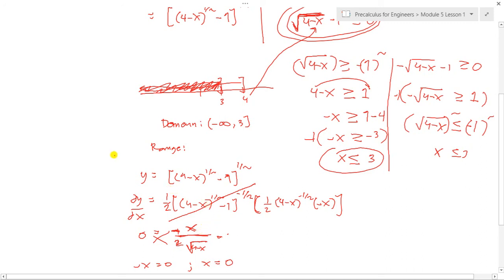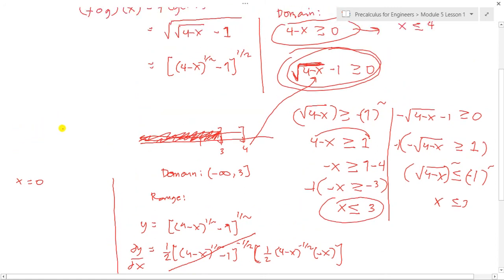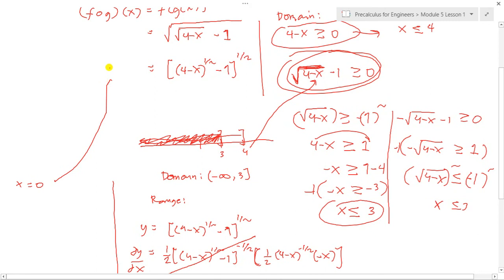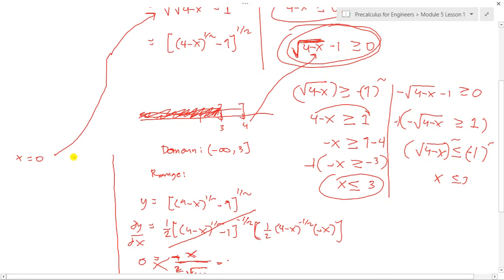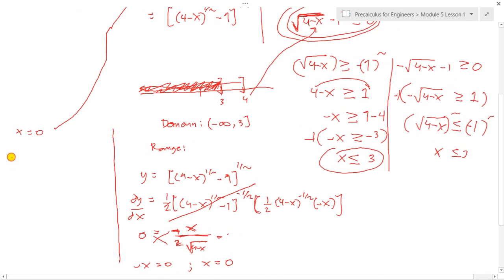If we substitute x equals 0 into our original equation, we have y equals the square root of the square root of 4 minus 1. Again class, we cannot take two roots here.